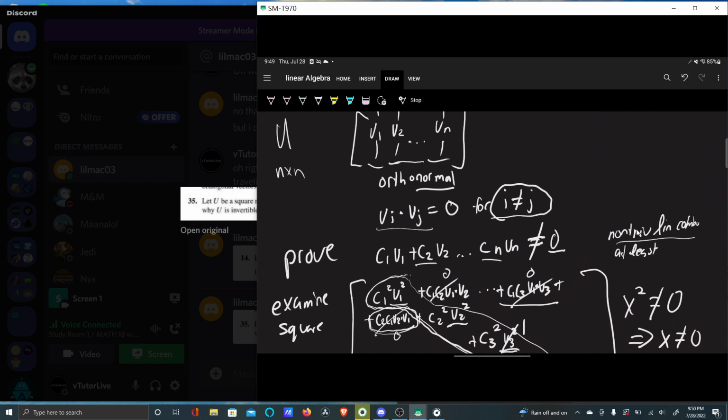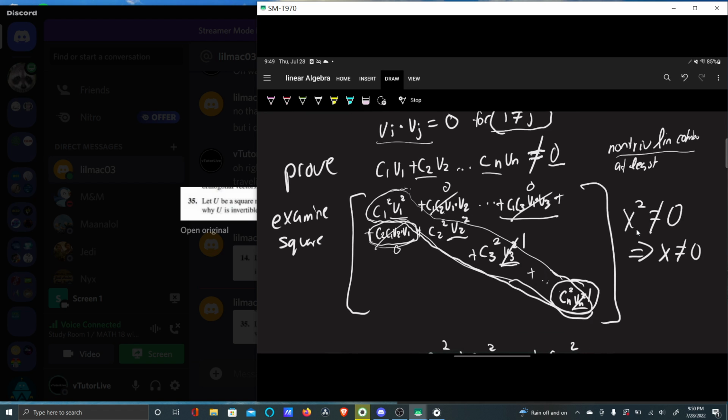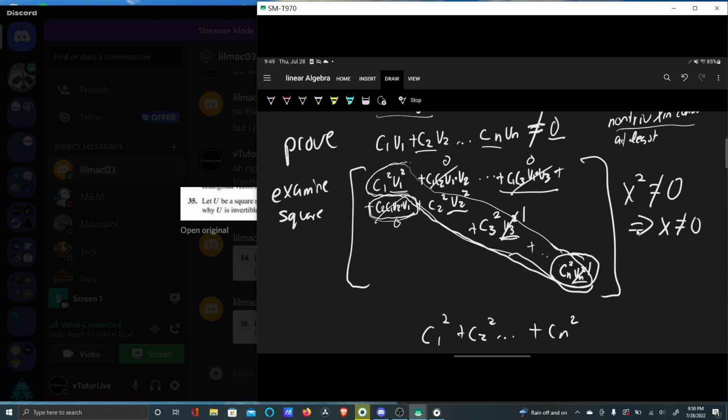it's orthonormal. The fact that it's orthogonal means that all the cross terms go away. So all that you're left with is C1 squared, V1 squared, C2 squared, V2 squared plus C3 squared, V3 squared.